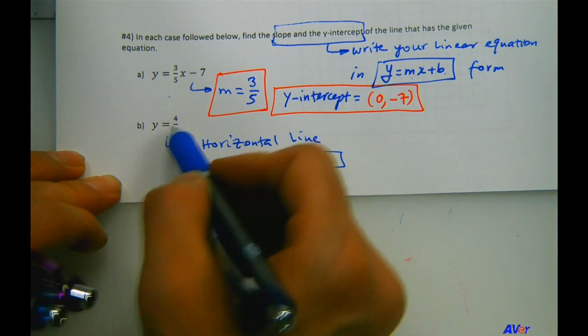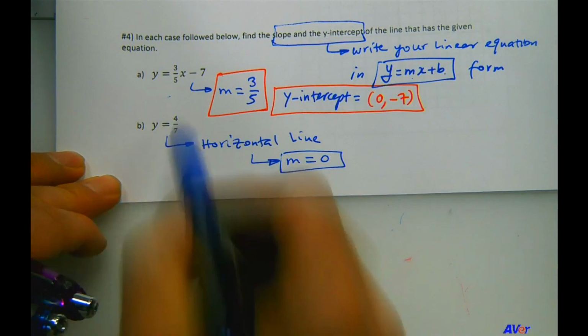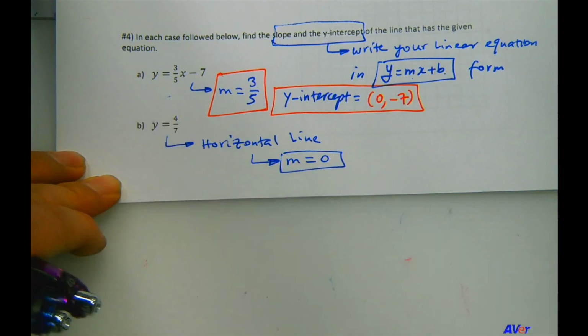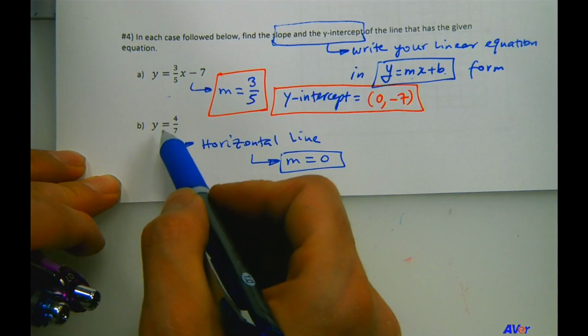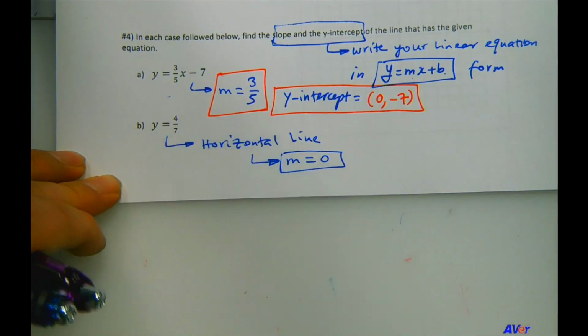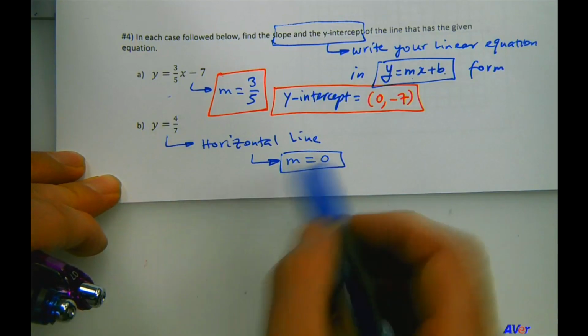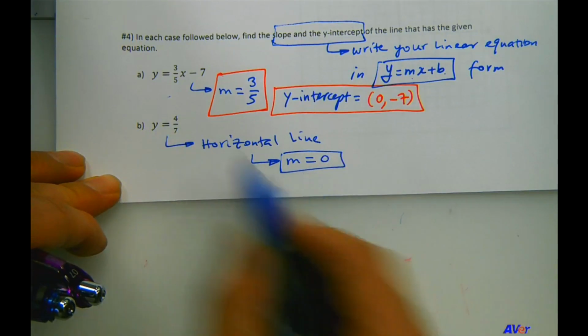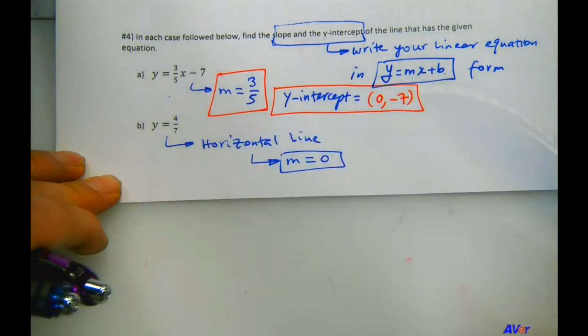Okay, and y equals 4/7 means the horizontal line for which the y value is always 4/7. The x can be anything. The x can be infinitely many numbers. But the y value is fixed at 4/7. So this is a horizontal line. Okay, and then the y-intercept is 0, 4/7.